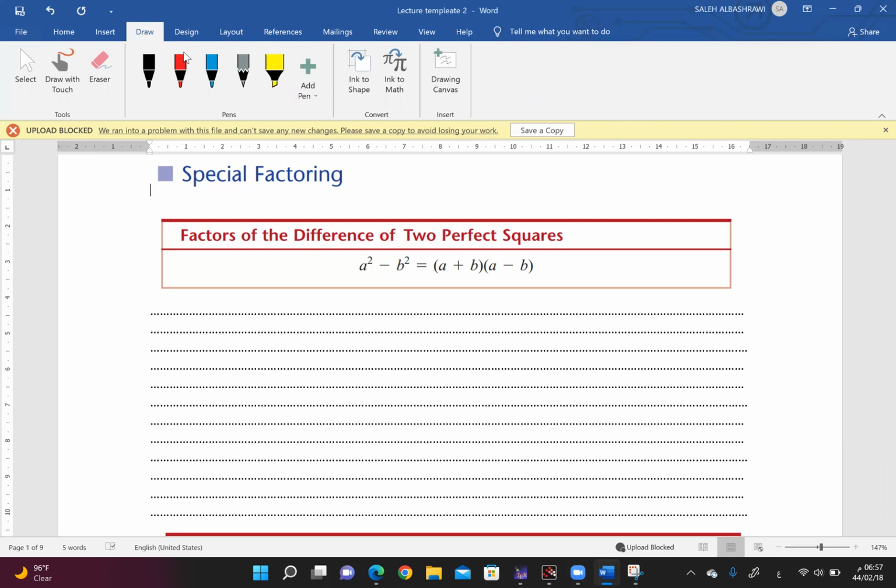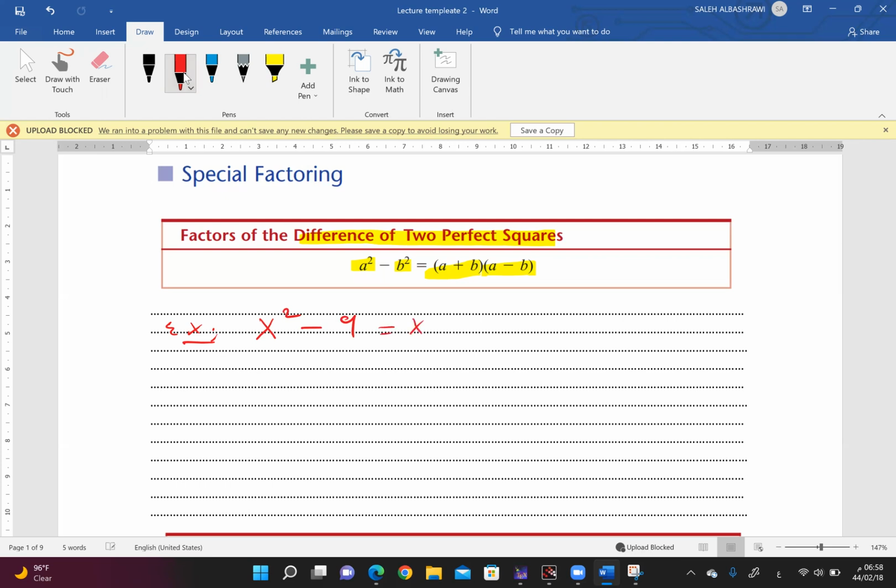The first one is factoring of the difference of two perfect squares. If I have a square minus b square, then this can be factored out as a plus b multiplied by a minus b. For example, if I have x square minus 9, this is a difference between two squares.